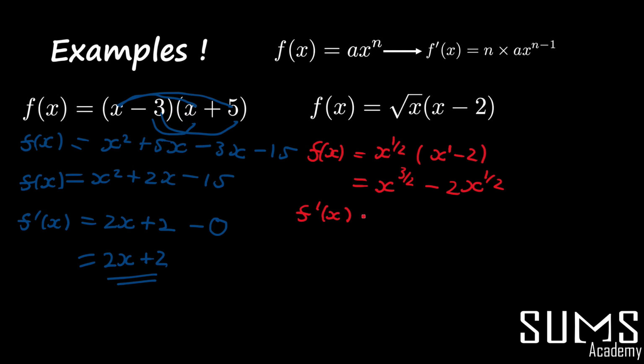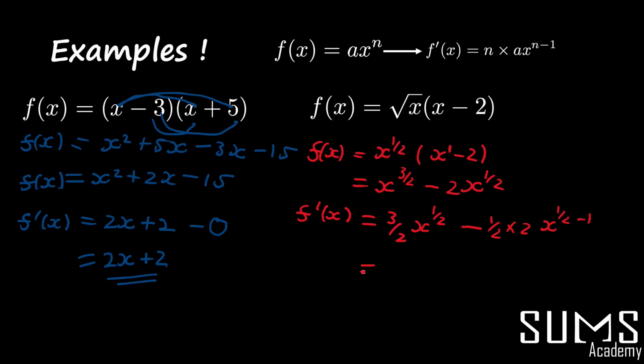So we'll start off with multiplying down by this power. So that's 3 over 2 x to the power of 1 over 2, since 3 over 2 minus 1 is 1 over 2. Then here we have minus 2x to the half. So half times 2 times x to the half minus 1.